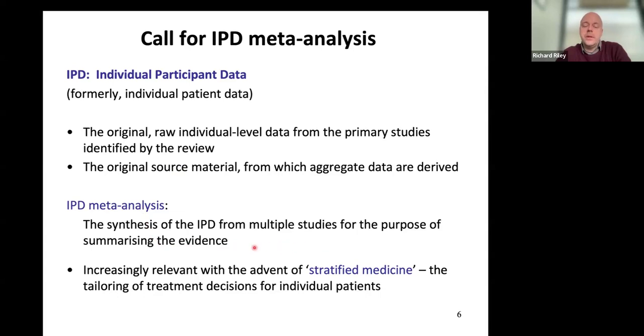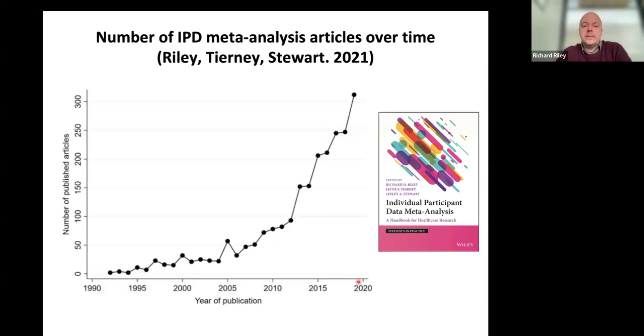This is increasingly relevant when we want to think about individualized evidence for decision making. We may know this as stratified medicine, precision medicine, or personalized medicine. There's been a big call for IPD meta-analysis over the last 20 to 30 years.